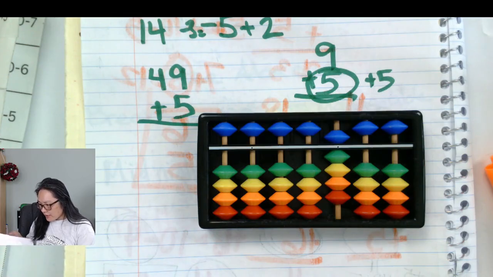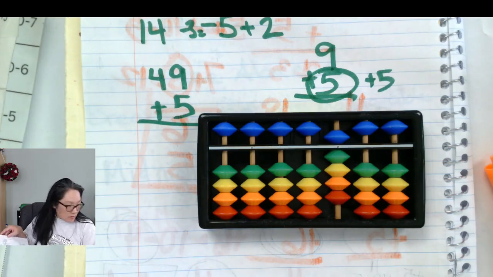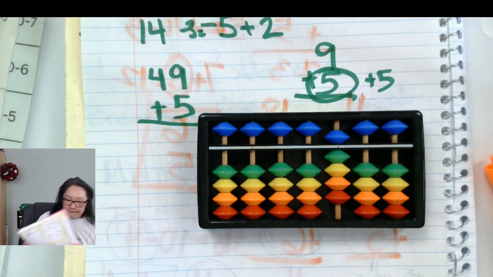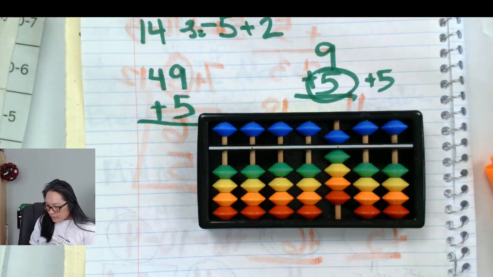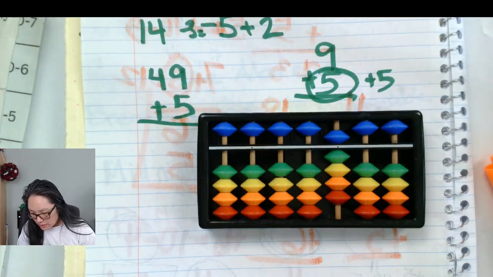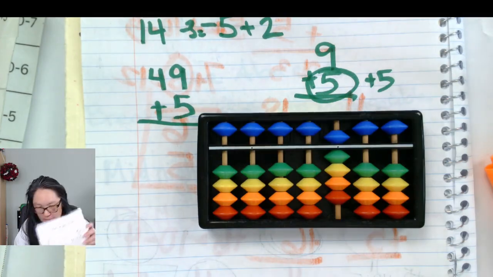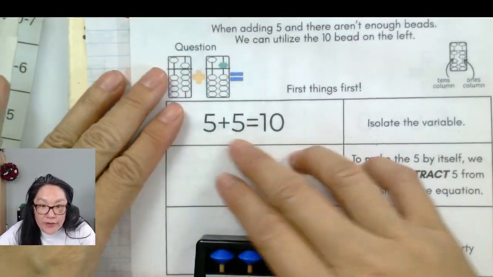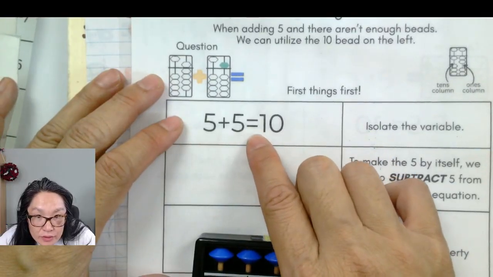Here it is. So we want to add the 5. We know that plus the 5 is equal to plus the 10 minus the 5.